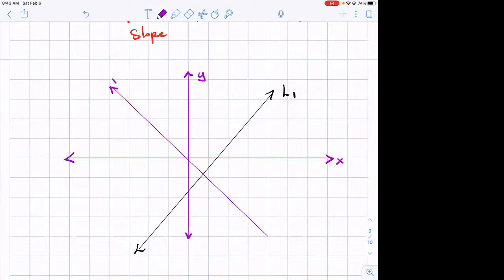When they cross, let's say line 2, when this angle here is 90 degrees, they are perpendicular.